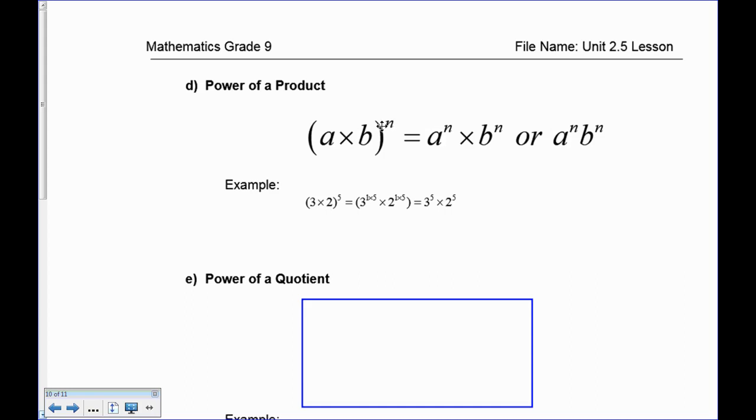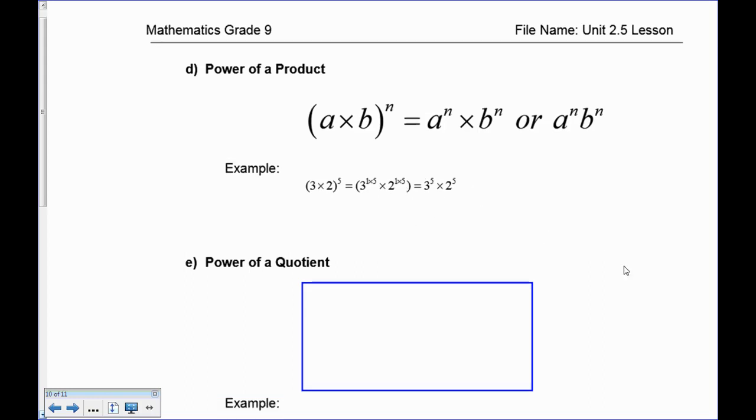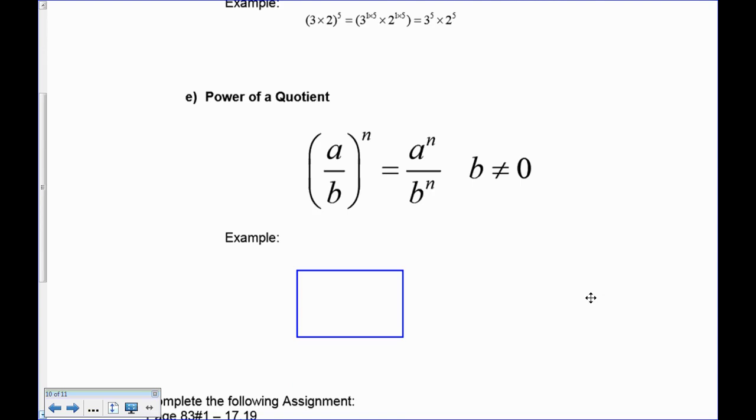So this is actually n times 1 and n times 1, which results in n. You can also write this as a to the n, b to the n, taking out your multiplication if you're working with variables. So in our example, this 3 becomes 3 to the 1, 2 becomes 2 to the 1. We're crossing the brackets, so 5 times 1 and 5 times 1 here gives you 3 to the 5 times 2 to the 5.